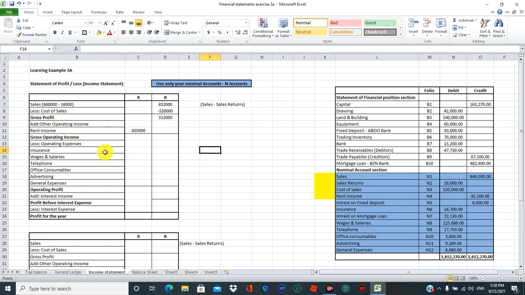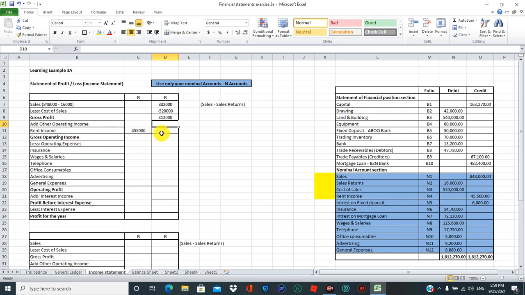When we get to the expenses, if there's more income here, you would put them all together on this side. This is not a debit side, it's just a column. You add them up and write the total under add other operating income. If you had other operating income, you would add it in there and put the total over there.